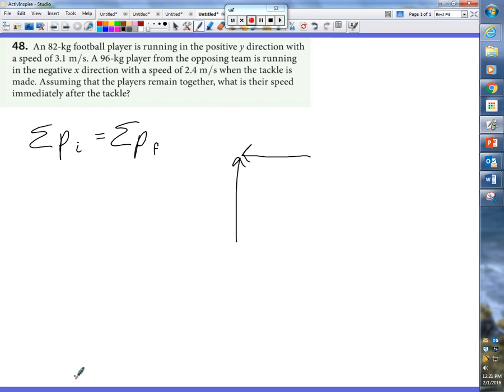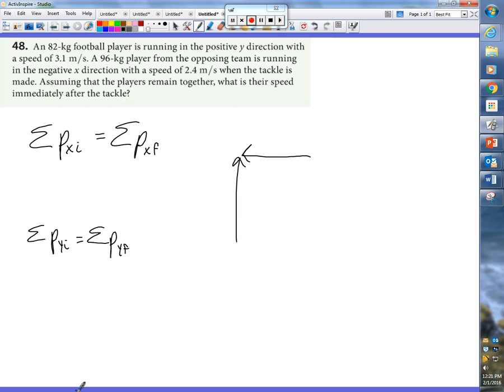But that's going to be true in each of the two different dimensions. What's true in one dimension has to be true in both. So the total momentum in the x direction initially is equal to the total final momentum in the x direction. And similarly for the y. Py initial is equal to the total Py final.